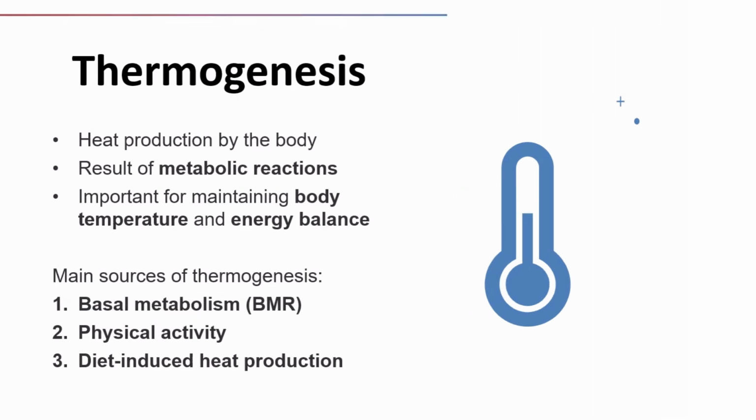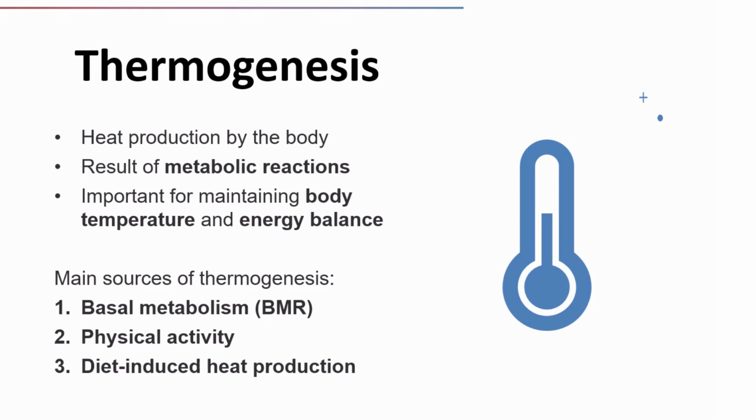Now let's discuss what thermogenesis is: how our body generates heat as part of metabolism. Every time our cells break down food or energy, part of that energy is released as heat. This process helps keep our body temperature stable and plays a major role in regulating overall energy expenditure.